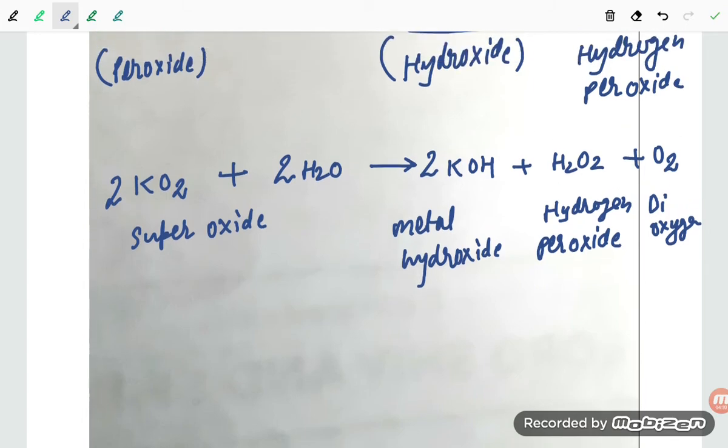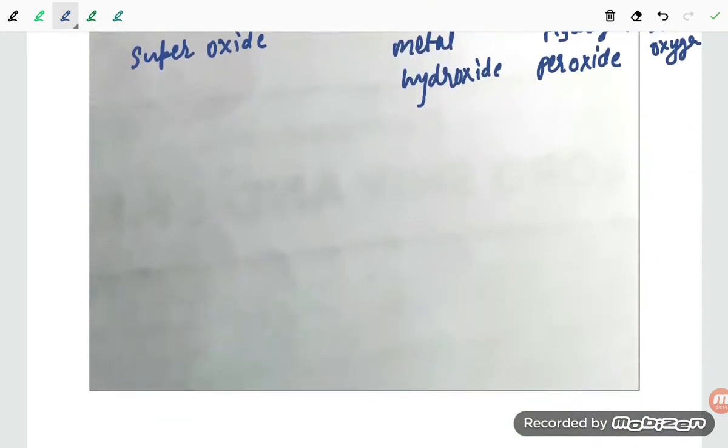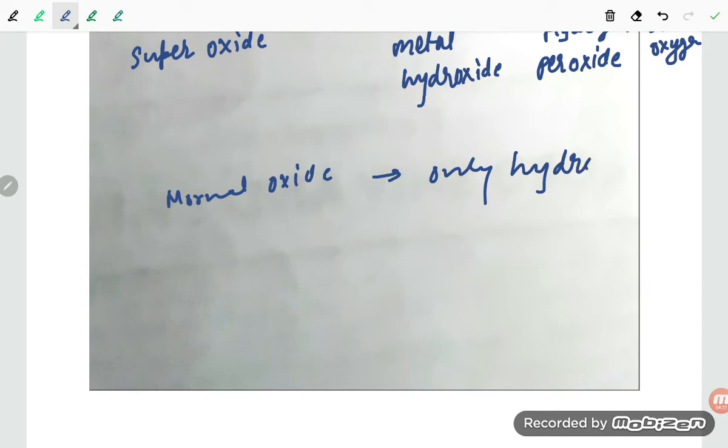So that is what you have to keep in mind, students. If a normal oxide is there, it gives only hydroxide. Second, if a peroxide is there, it gives hydroxide plus hydrogen peroxide.